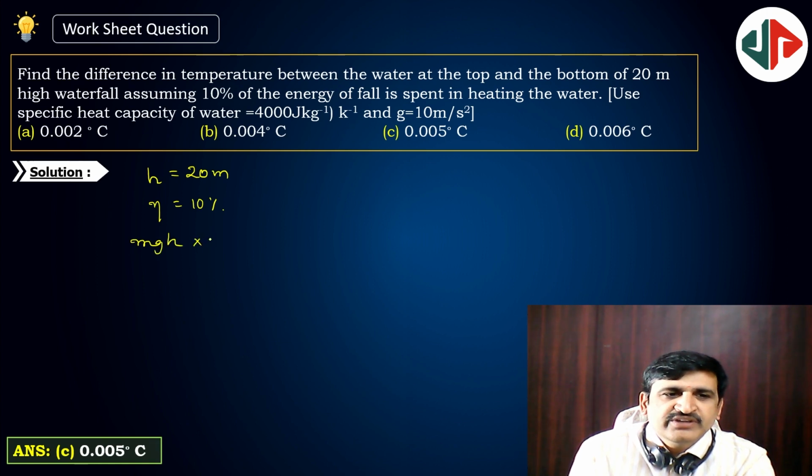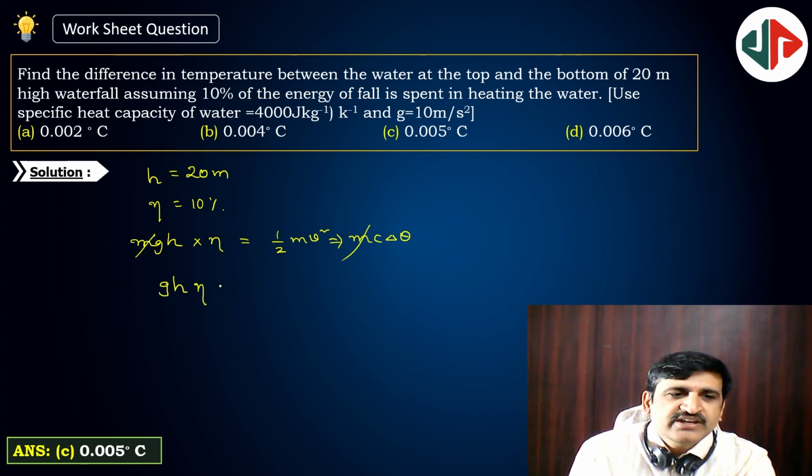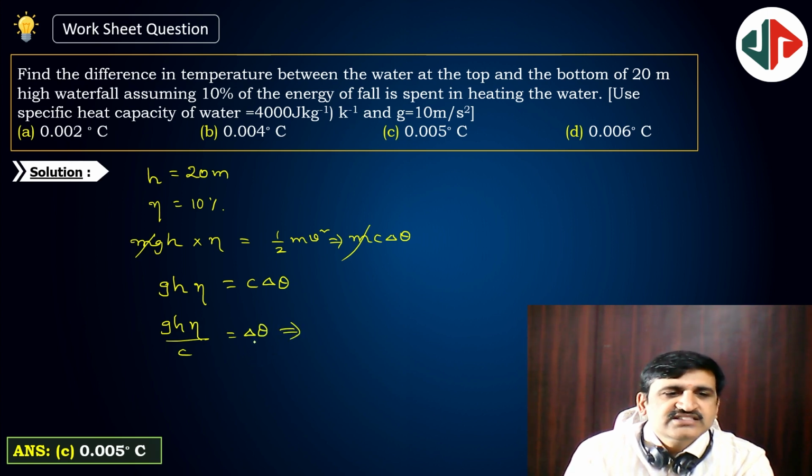mgh into efficiency is equal to half mv square, of course converted into mc delta theta. So m gets cancelled. gh into eta is equal to c delta theta. So gh into eta by c is equal to delta theta.